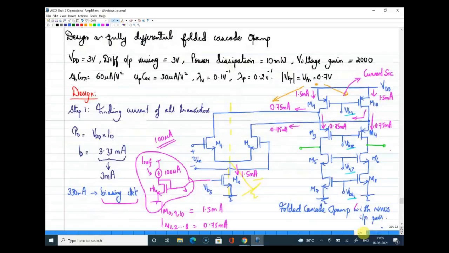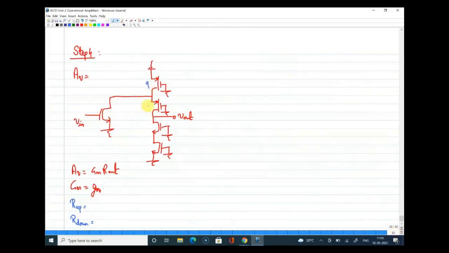If it is with M1, you have all the odd numbers: M9, M3, M5 and M7, and this is the input transistor. So for the transistor down, the output impedance is GM5 R05 into R07, and for the transistor up, you have R01 parallel to R09, which is magnified by GM3 R03. Is this okay? So this is the gain expression.